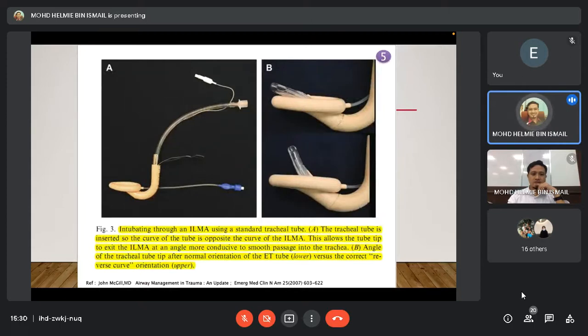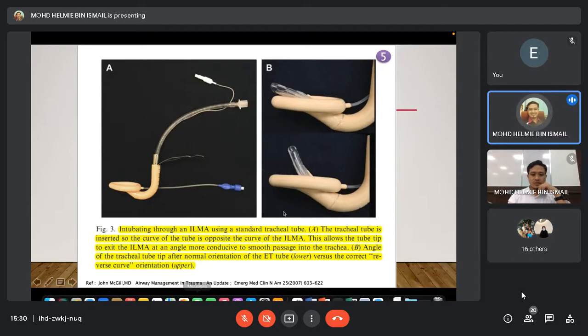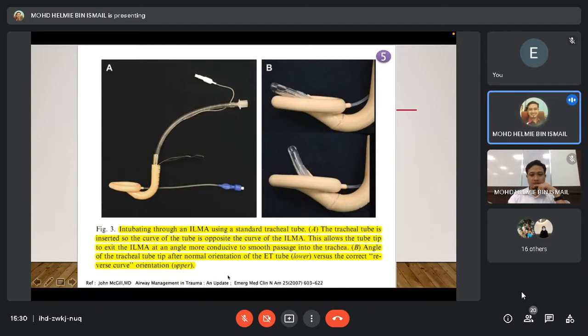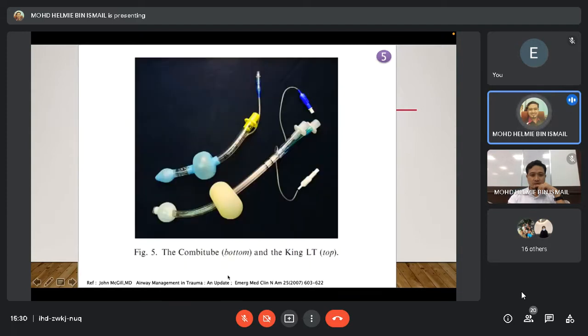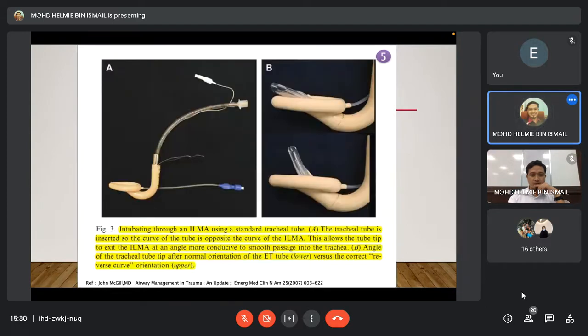Alright, this one is an intubating LMA, which is, I think, a combi tube. It's not a combi tube. This one is the combi tube. This one is the intubating LMA. Basically, this LMA is a life-saving procedure.